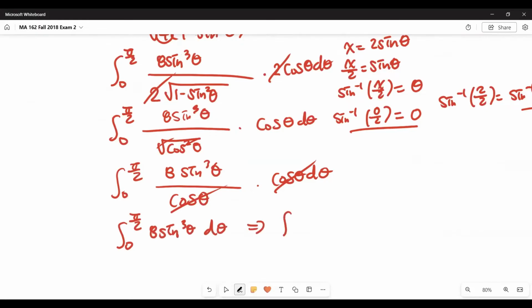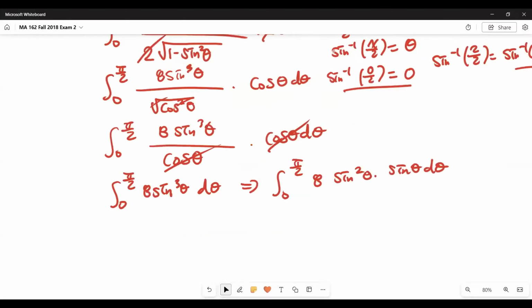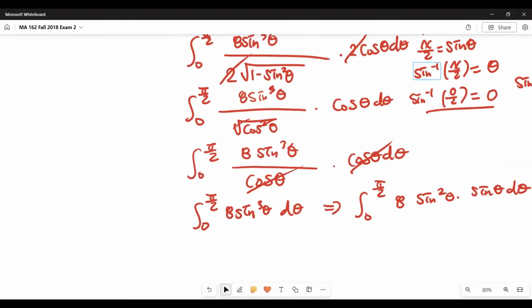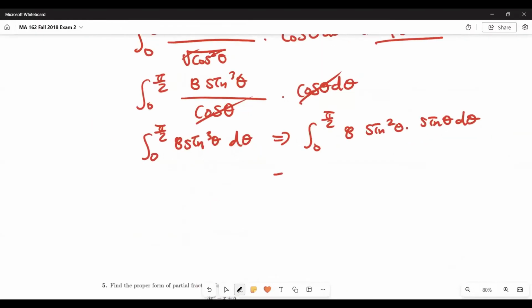And this is 0 to pi over 2, 8 sine squared theta and sine theta. We can write this like this, right? Okay, and then if you remember your trig identity, which we use in here, sine squared theta is same as 1 minus cosine squared theta, right? So this becomes 0 to pi over 2, 8, 1 minus cosine squared theta times sine theta d theta.